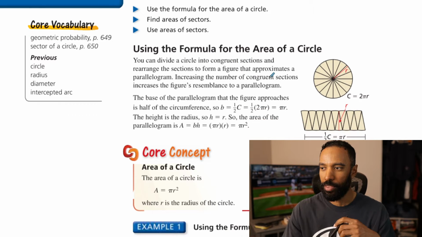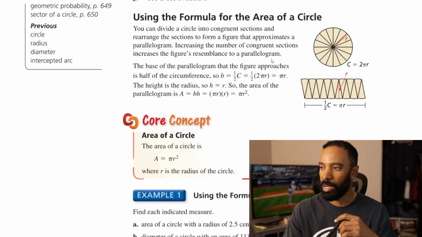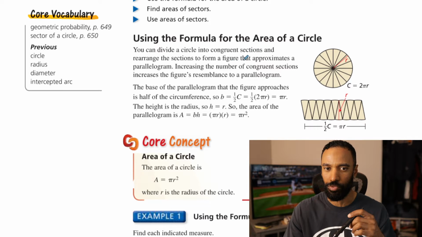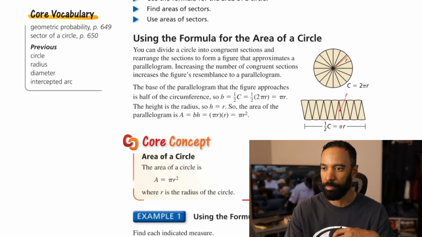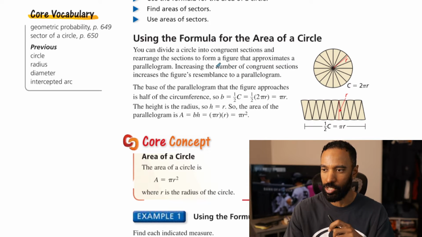All right, using the formula for the area of a circle. I think they're giving you kind of a basis for this formula here. You can divide a circle into congruent sections and rearrange the sections to form a figure that approximates a parallelogram. So if you cut these things up, you can kind of fold things on top of each other. Increasing the number of congruent sections increases the figure's resemblance of a parallelogram.